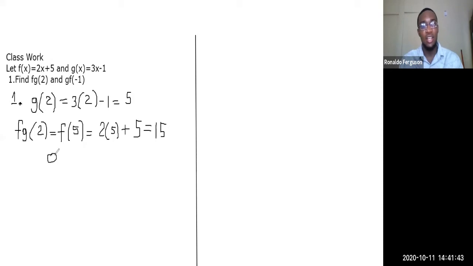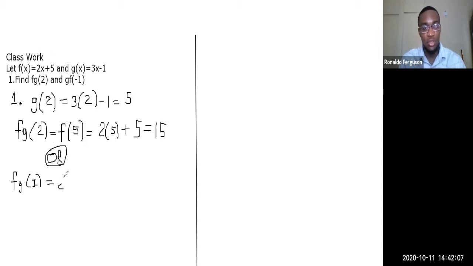Let's look at the alternative method. So now we want to find fg of 2. So first we're going to find fg of x. Fg of x is equal to, we're going to put g of x into f.